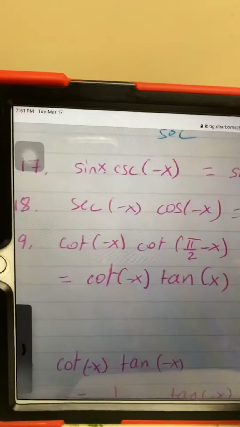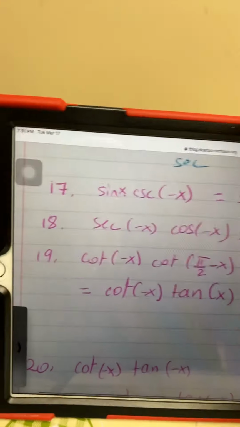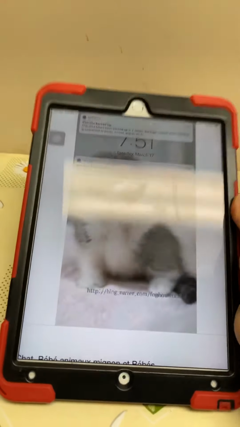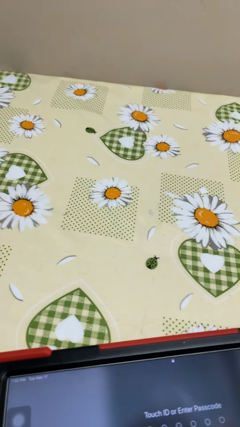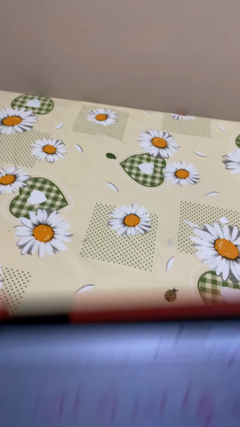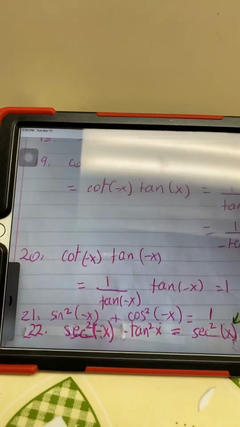Okay? Number 18. Let me see if I flip it this way. Sorry, guys. Okay. Let's see if I do it that way. It becomes better. No. Give me 1 second.